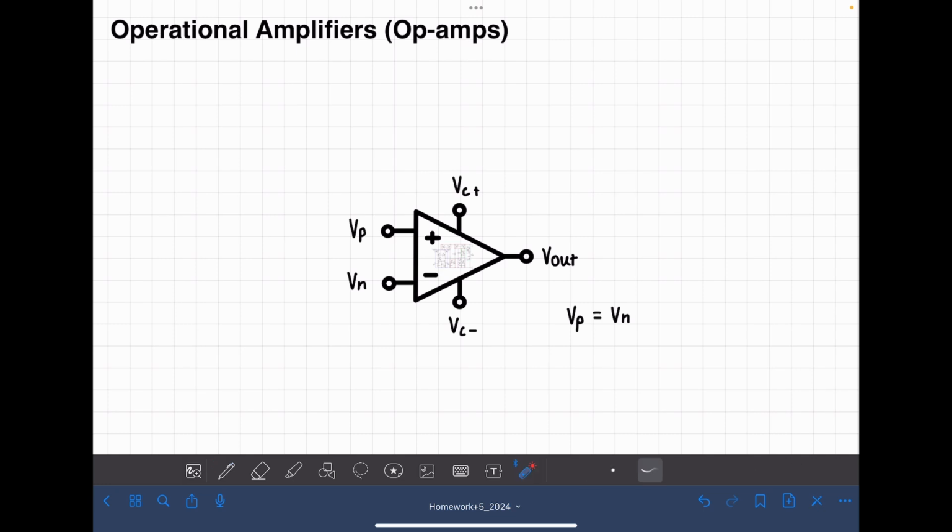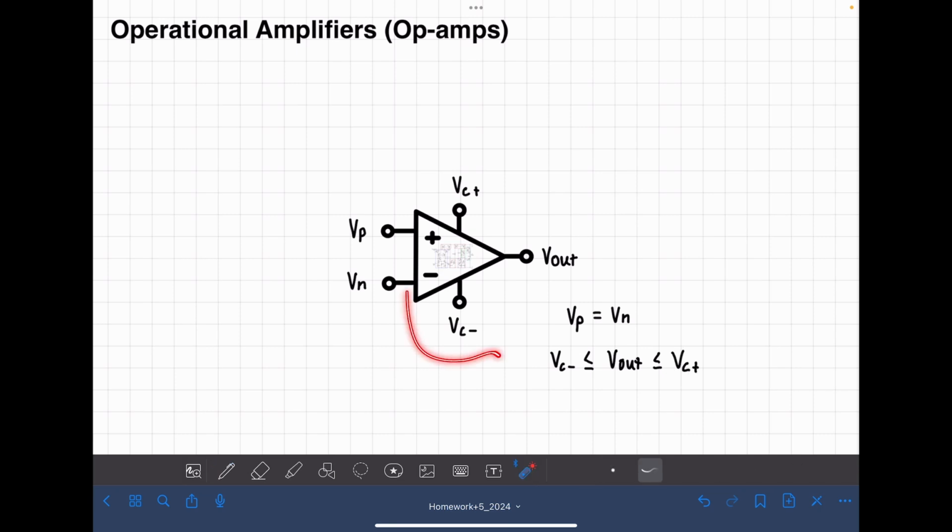Also, we know that our output has to be between our positive supply and our negative supply. So a better way of saying that is VC minus is less than or equal to V out is less than or equal to VC plus.